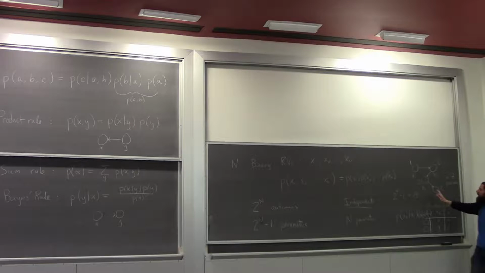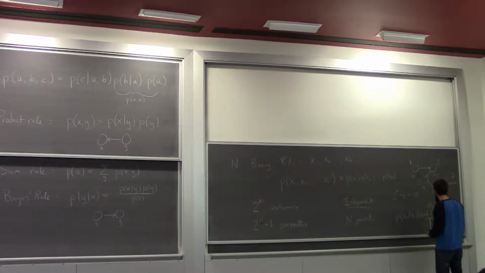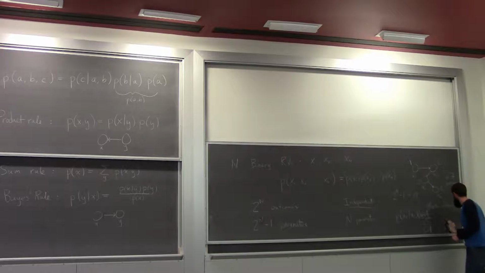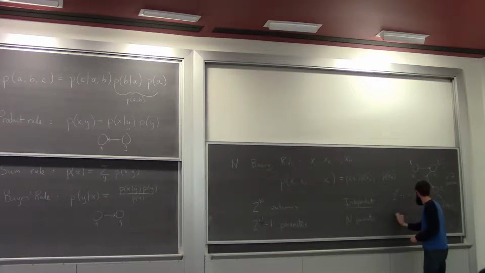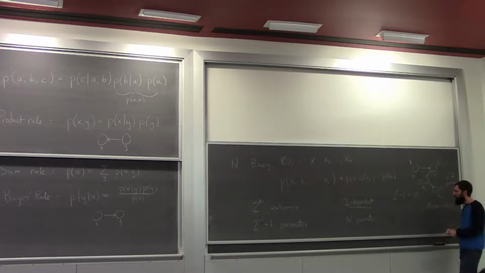So in general, a Markov chain requires 2 times n minus 1 plus 1 parameters. Because I need 2 for everybody that has a parent. The first guy doesn't have a parent, and he just needs 1 because he's just a Bernoulli by himself.